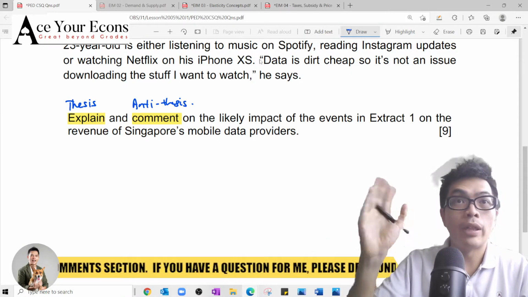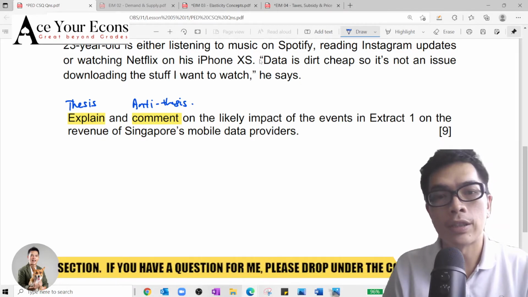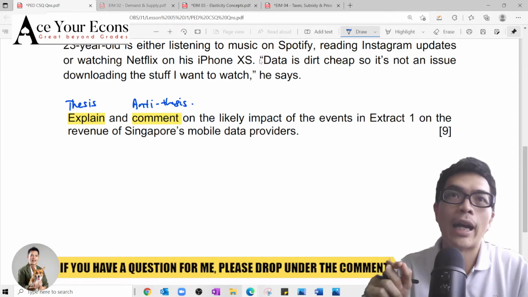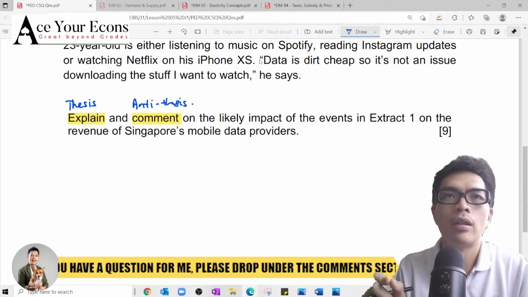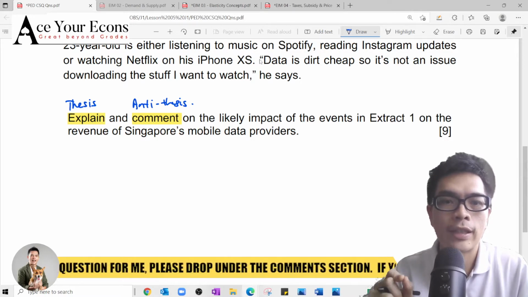Sometimes they don't use the word explain, you just put comment. Whenever you see comment, it will become thesis and antithesis. This will not be your last time seeing this, I can assure you that. I just want you all to be extra sensitive to comment questions, thesis and antithesis questions.